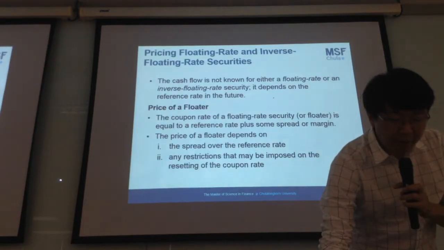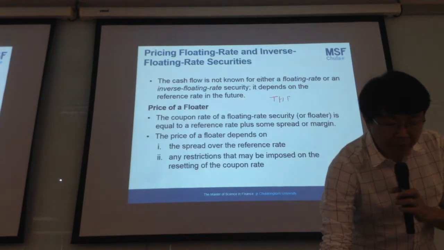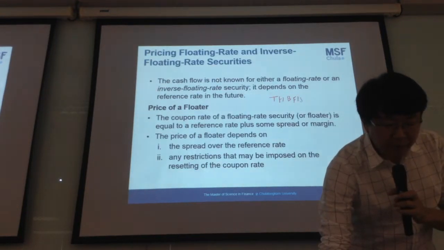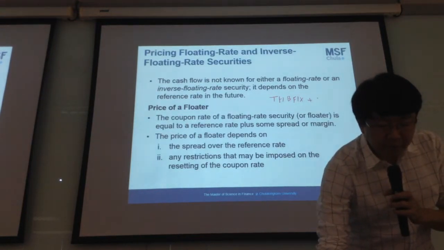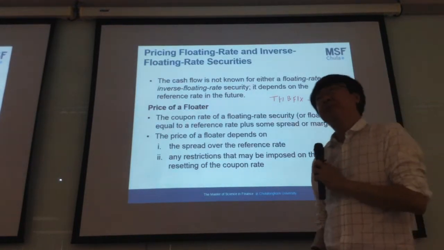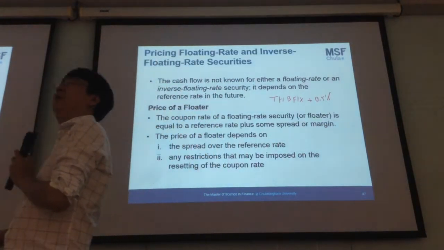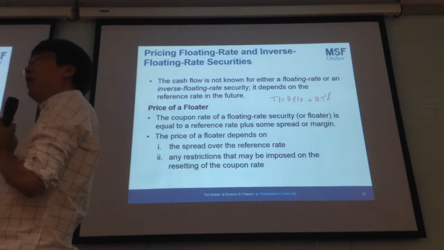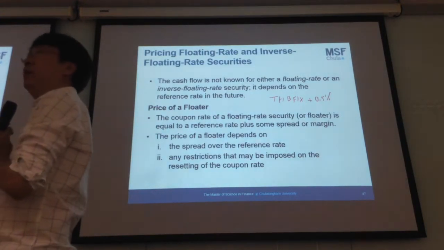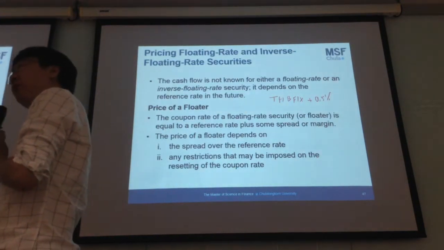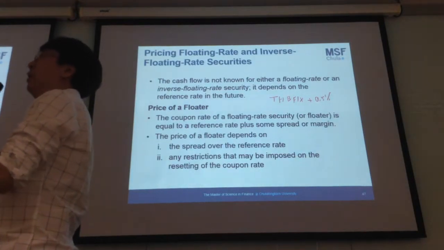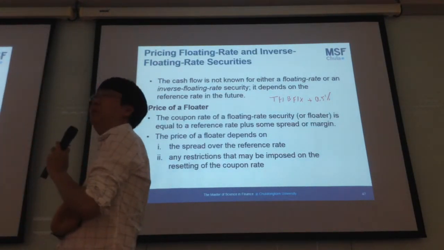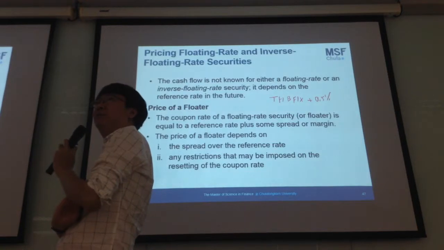Suppose that this bond pays a coupon rate equal to some reference rate, Thai baht fixed, plus 0.5%. If the market interest rate increases, how will the price of this bond change?